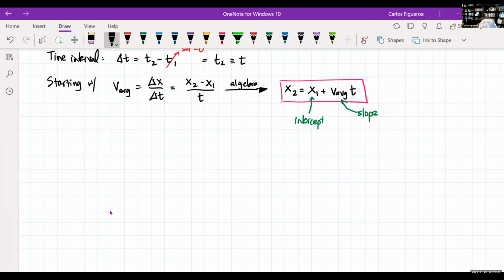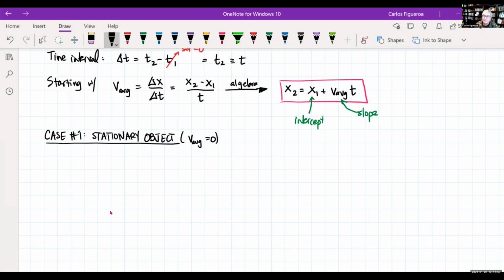So I'm going to start with case 1. If I have case number 1, I want to start as simple as possible. I want to start with the stationary object. Okay, so if I have a stationary object, then clearly the average speed of this object must be 0.